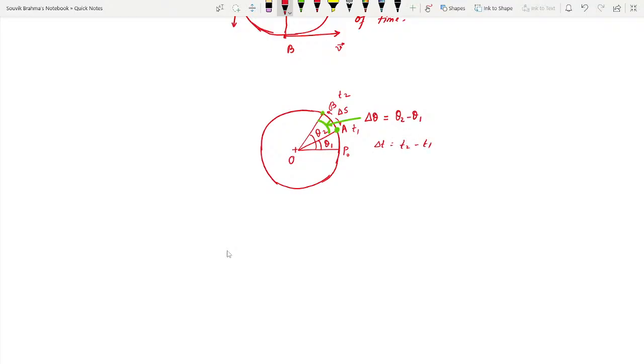And therefore I can say this delta theta is equal to delta S by R. R is what? This OB is also R, OA also R.